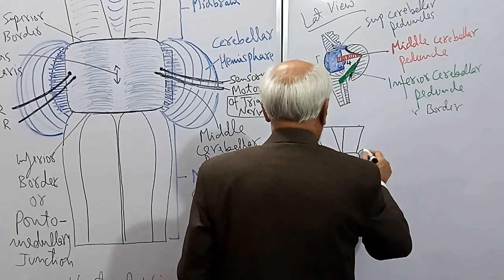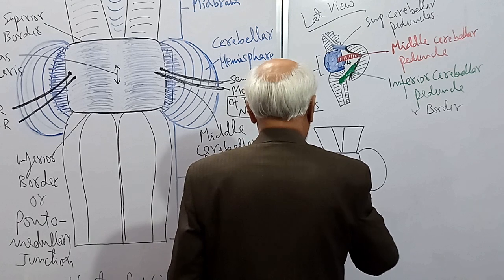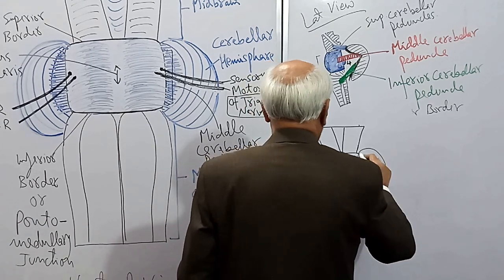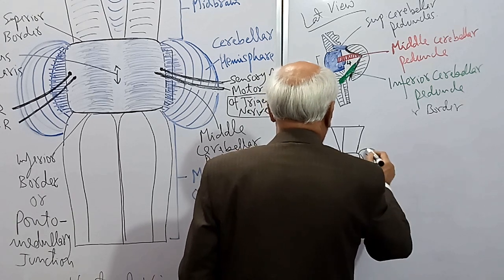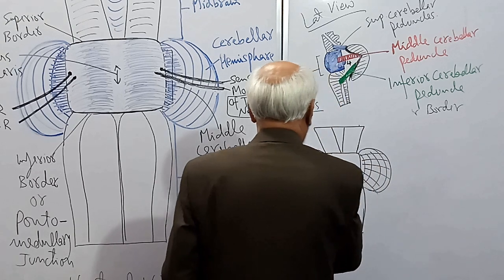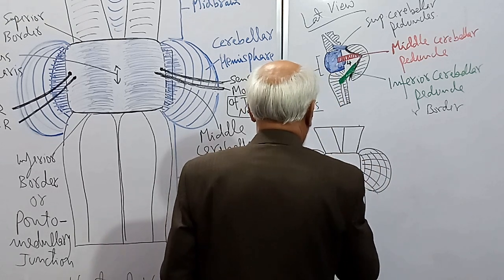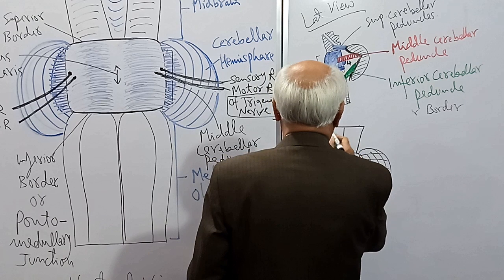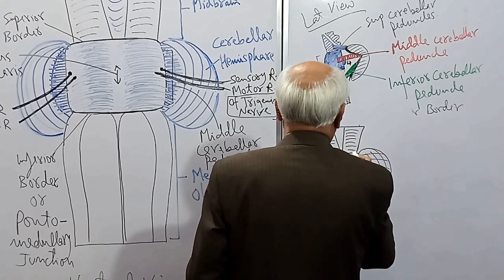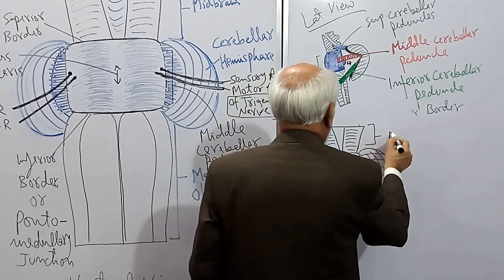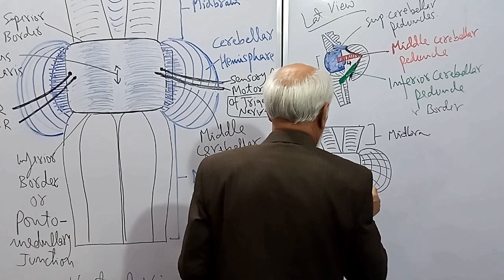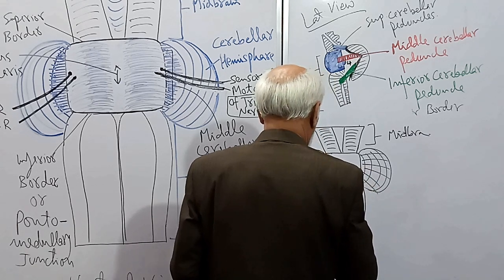And on each side, you know, the right and left cerebellar hemispheres. The crus cerebri of the midbrain. And this is the medulla oblongata.